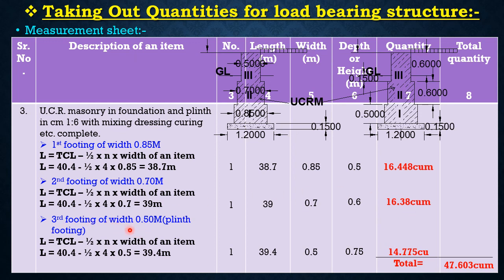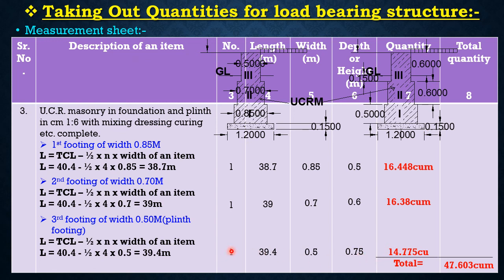Then the third footing of width 0.50 meter up to plinth. This is the plinth footing, third step. Then L is equal to 40.4 minus 1/2 into 4 into 0.5 width of an item. The length is 39.4 meter. Then number is 1, length is 39.4 meter, width is 0.5 meter and depth is 0.6 plus 0.15 which is 0.75 meter.